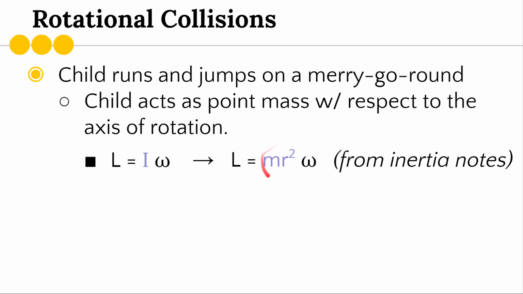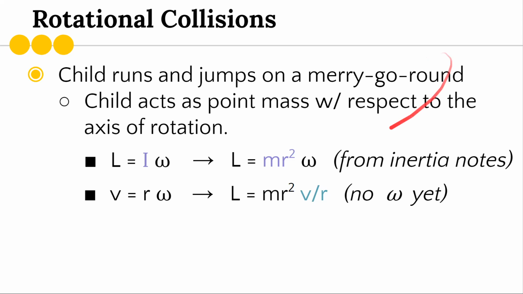Again, we got this equation from the inertia notes earlier in the unit. And I also know that I can get my linear velocity from my angular velocity, or vice versa. I know that v is r times omega, or that omega is v over r. We've written that both ways, but we can go between the two rotational and translational motions by multiplying or dividing by radius, depending on how we set up that equation.